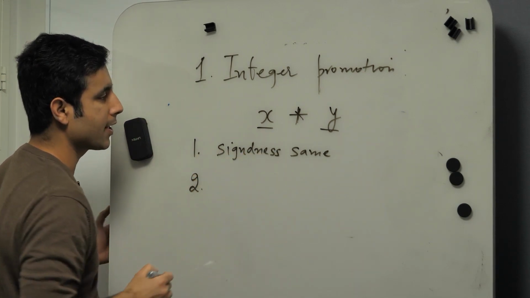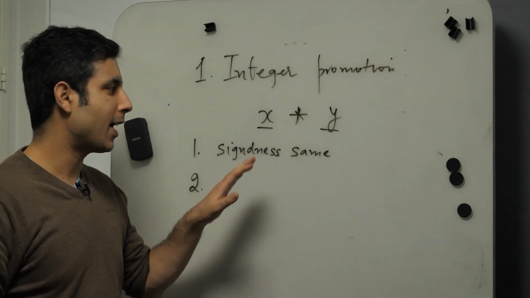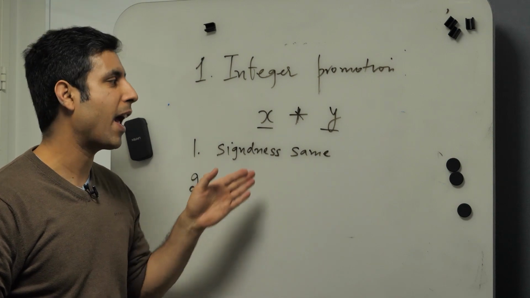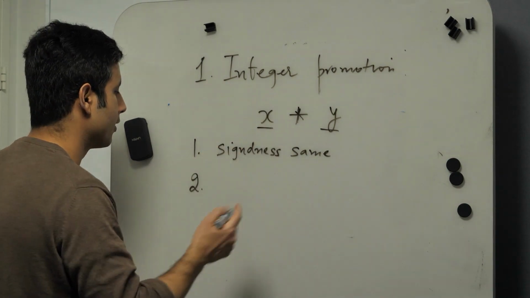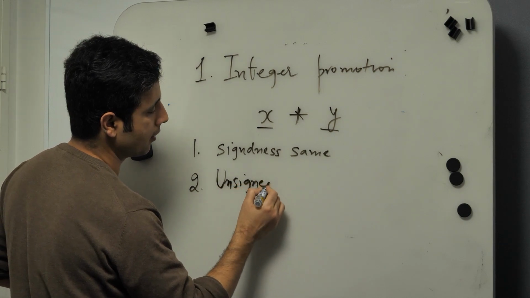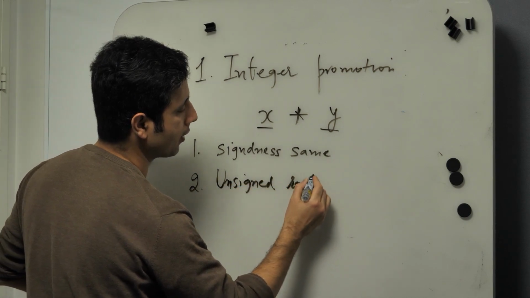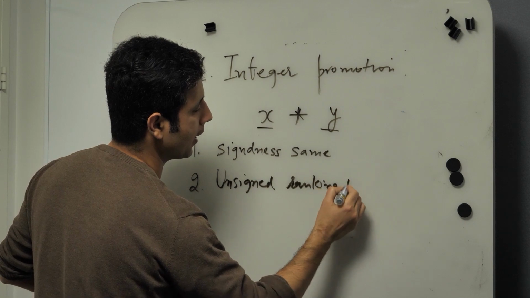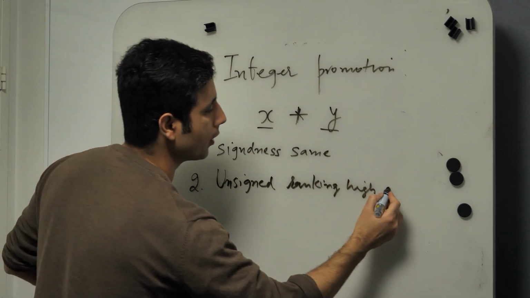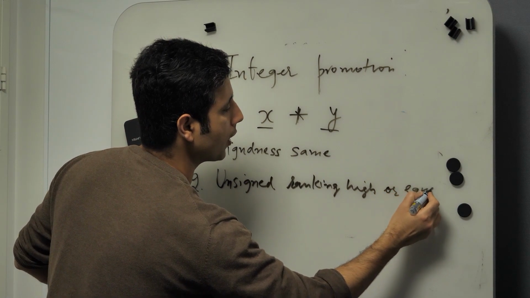The second case is when one of the operands is unsigned and its ranking is higher, or equal to the other operand.